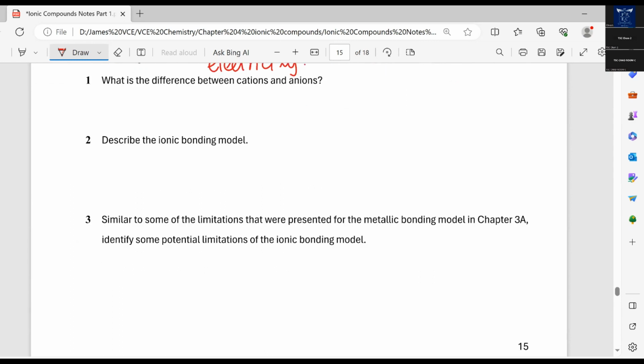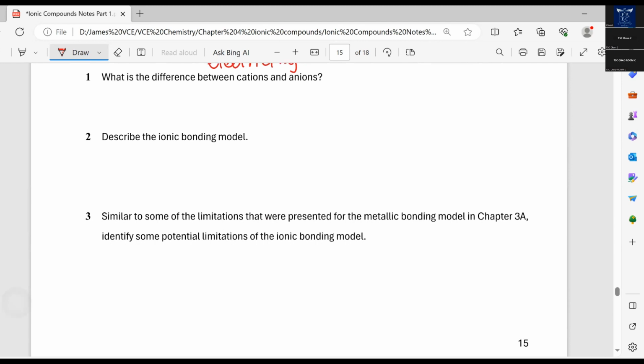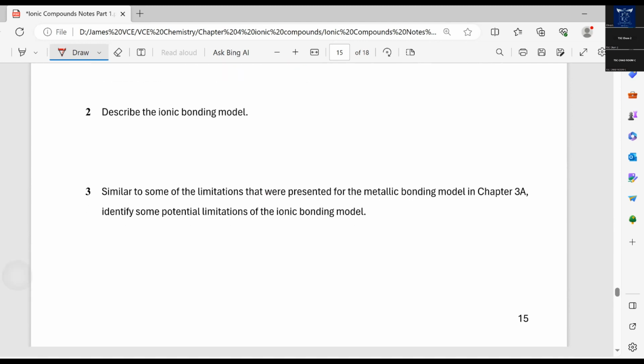Similar to some of the limitations presented for the metallic bonding model in chapter 3, identify some potential limitations of the ionic bonding model. So how do you describe the ionic bonding model?